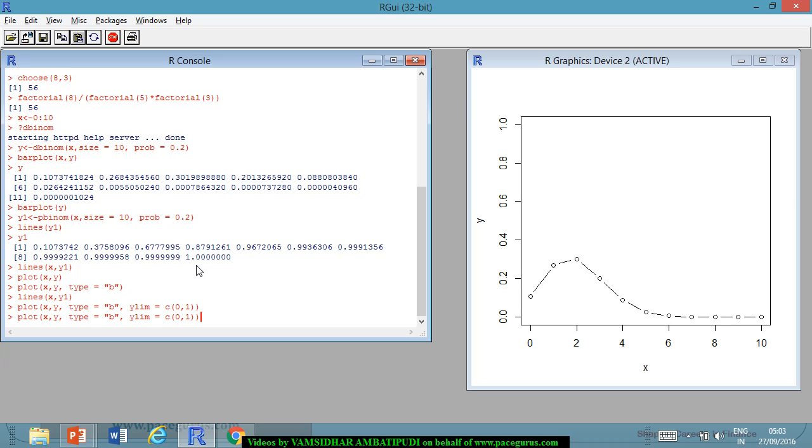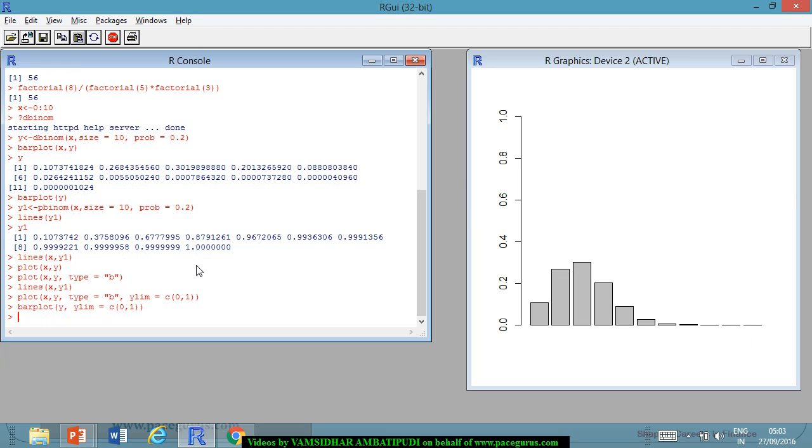and instead of doing a plot, let me just do a plot of y alone, and let me not put this type B, let me directly call it as a bar plot. So this is how it is coming, and from here I want to add the lines x comma y1.